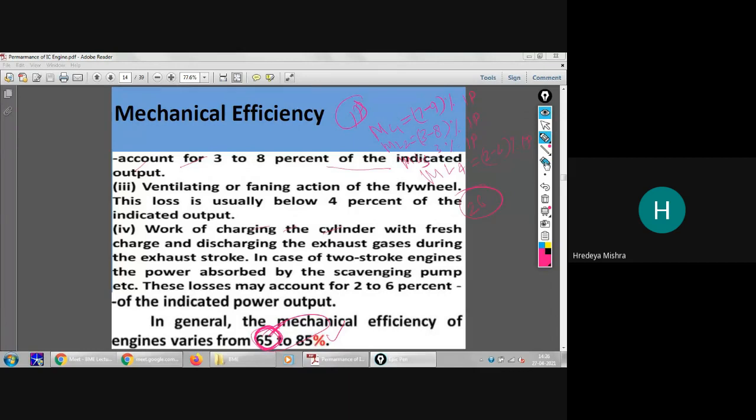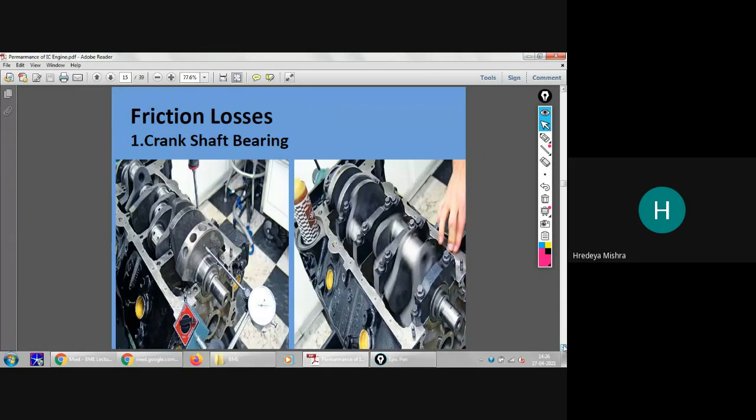So to avoid all these inefficiencies or friction losses in the engine, see frictional loss, crankshaft and bearing. As you see, this is your crankshaft and the bearing is here.